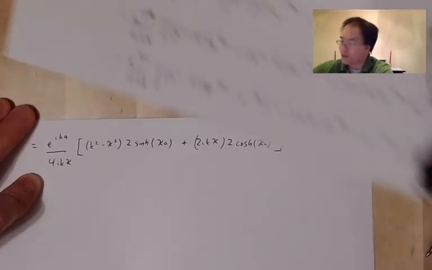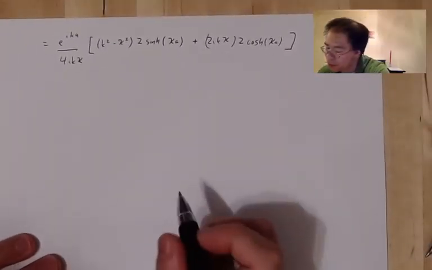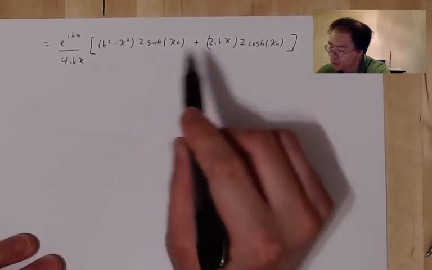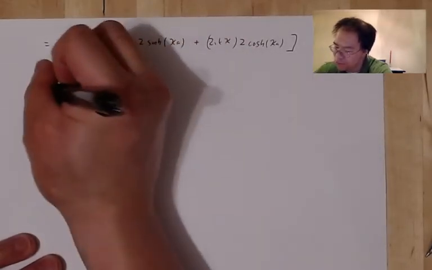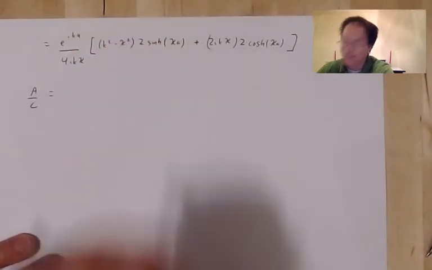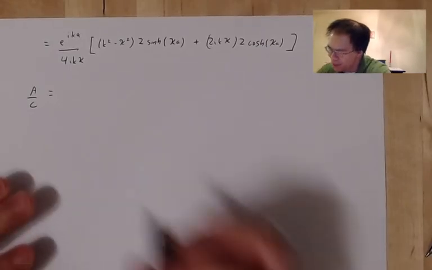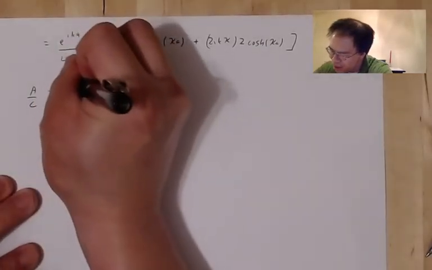Okay, so let me slide this up. We can now simplify this a little bit. So notice that if I pull out the factors of 2, we end up with a over c is going to be e to the ika.